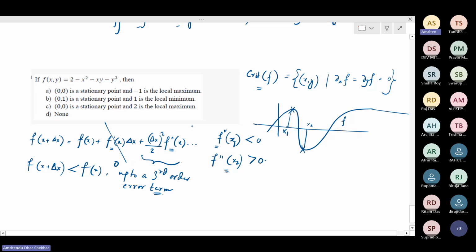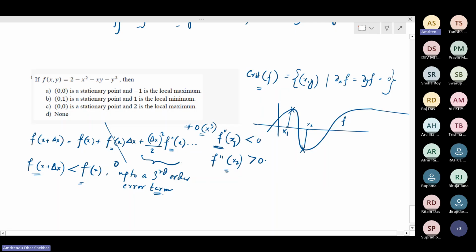So there's going to be a third order error term, which is some small o of x cube. But if we ignore the third order error term, and just stick to second order, then f of x plus delta x would be less than f of x at the point x1 if f double dash x is negative, which is why we take this second derivative test.